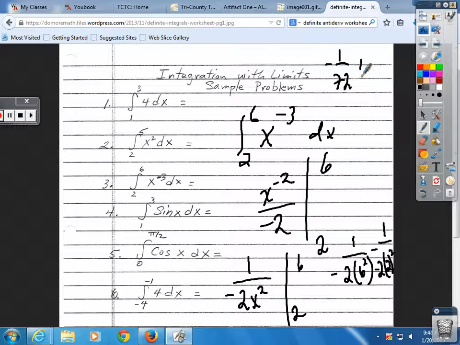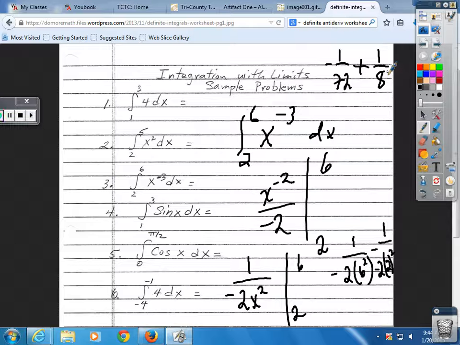Uh-oh. Plus, negative and negative make what? Positive. 1 over what? 16? Somebody check me. Oh, I'm sorry. I thought that was a 3. My bad. I was just making sure y'all were awake.